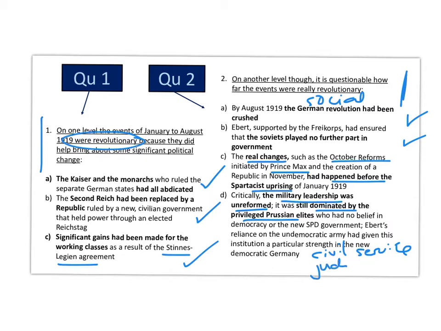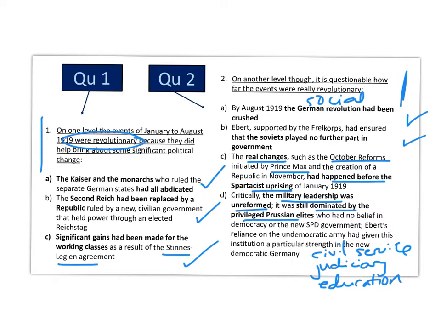The lawyers, the judiciary, the lawyers and the judges throughout Germany, unchanged on the whole. And of course, education, German high schools, top levels, the head teachers, the universities, the deans of faculties were largely the same people. And most of these people were right-wing.